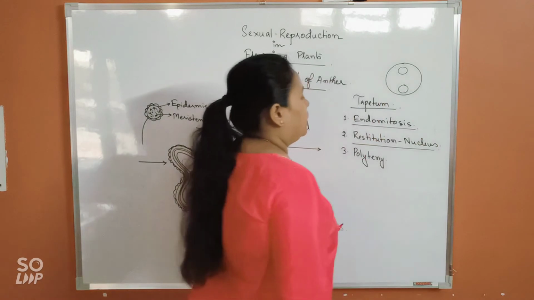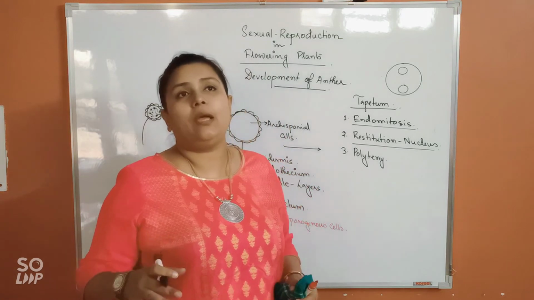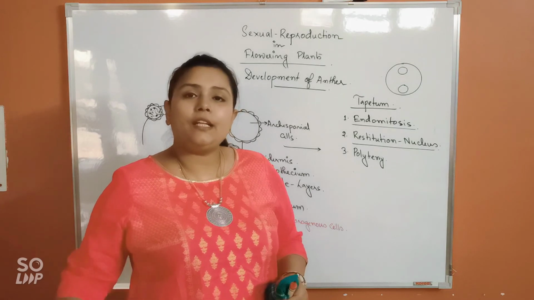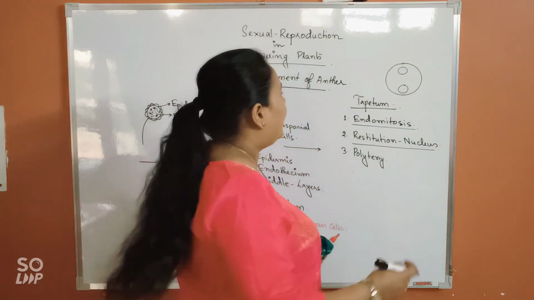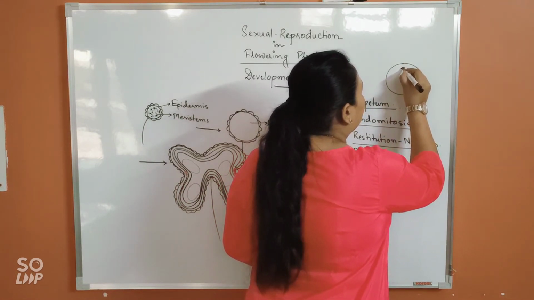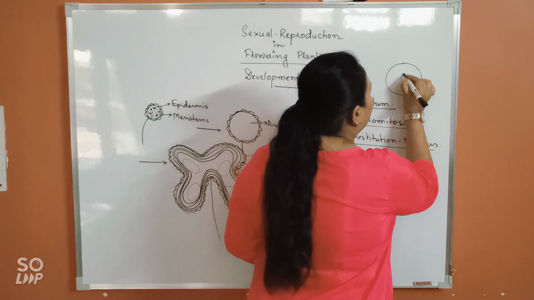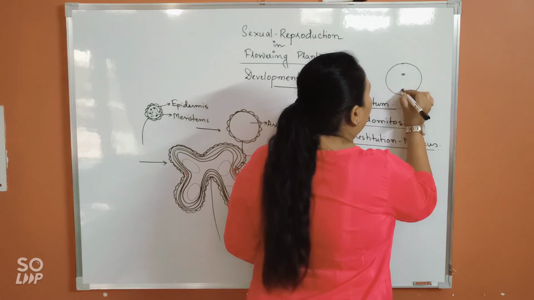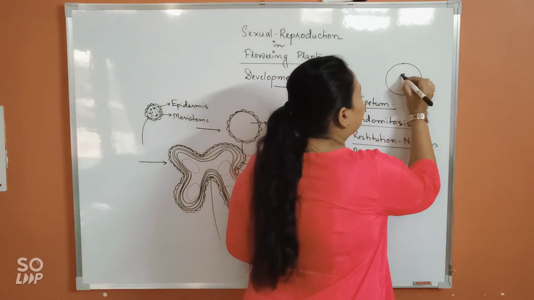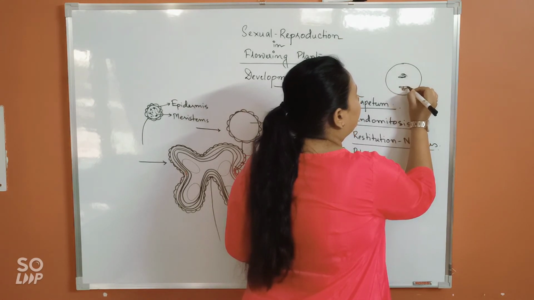Next is restitution nucleus. About restitution nucleus, again try to recall mitosis, and say this time I am telling you that the cell has successfully completed anaphase and it is about to enter telophase. At that time, how will the cell look? Suppose this is one centrosome, this is another, and here the chromatids have separated, isn't it?